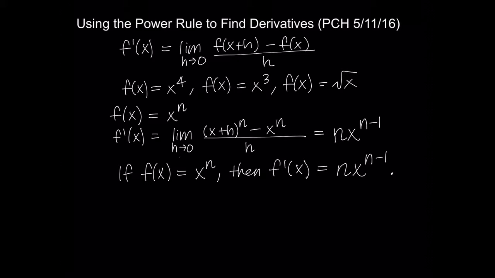So let's examine what we are actually doing. We are moving the exponent n to the front, and then we are replacing the exponent with 1 less than the original exponent. This is called the power rule.